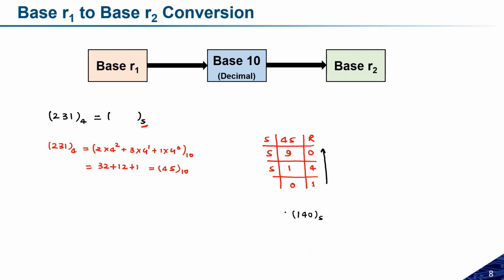So 231 in base 4 is the same as 140 in base 5. This kind of conversion you can do easily whenever you want.